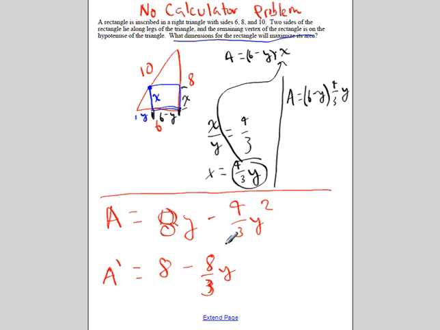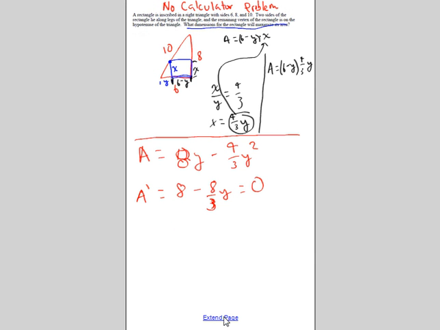And we want to know when this is a max, so we set this equal to 0 and solve that equation for y. So we get 8 equals 8 thirds y, or solving for y, y equals 3.